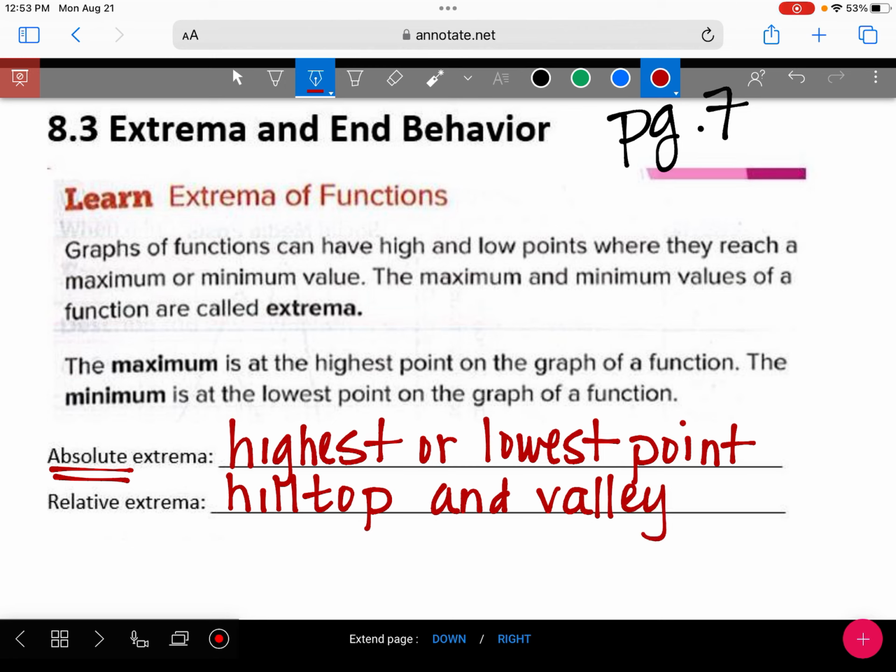So it's not the highest or the lowest, but it's a place in the graph where you might have a dip or a peak. And we're going to look at 4 graphs today and determine where these extremas are located. We're going to determine if it has one, and then we're also going to determine if it's an absolute or a relative. So before we get started, I want you to write this down.